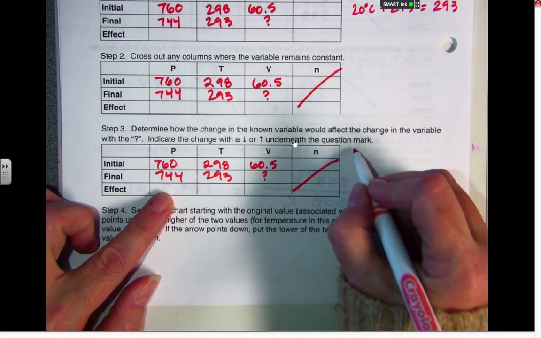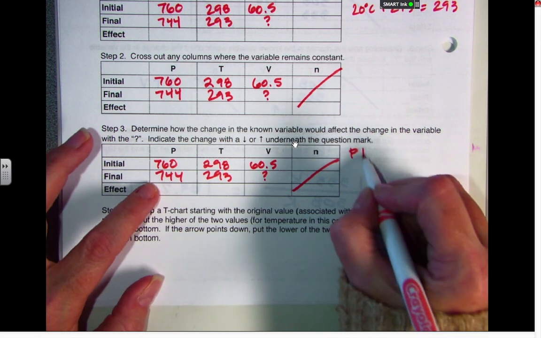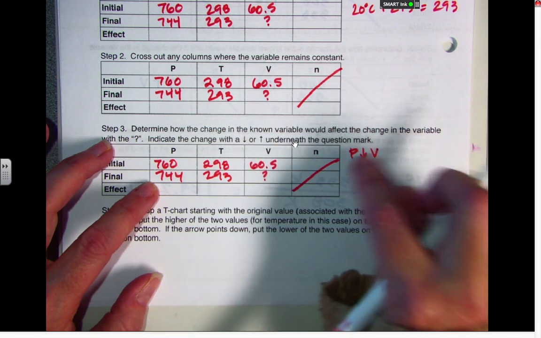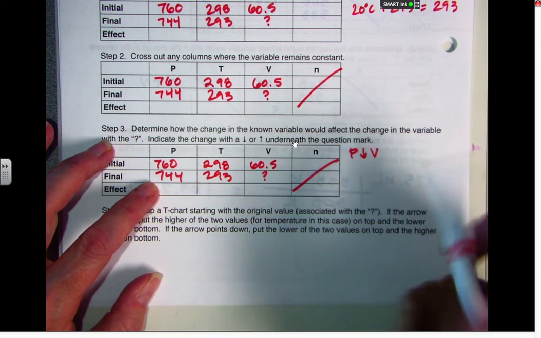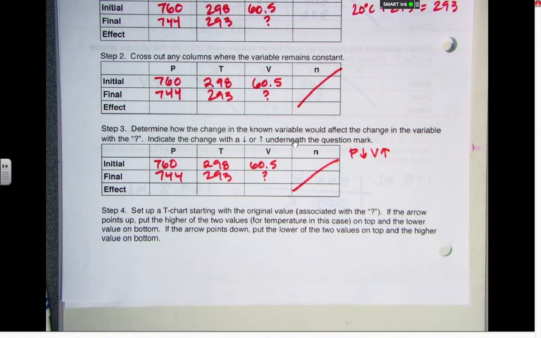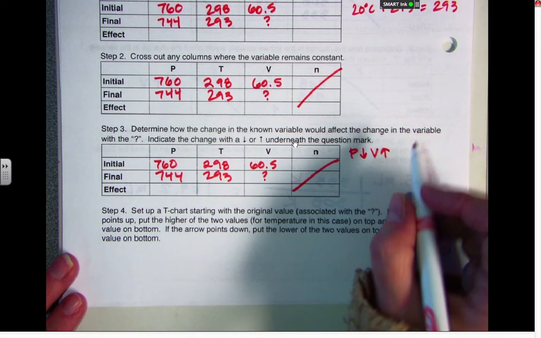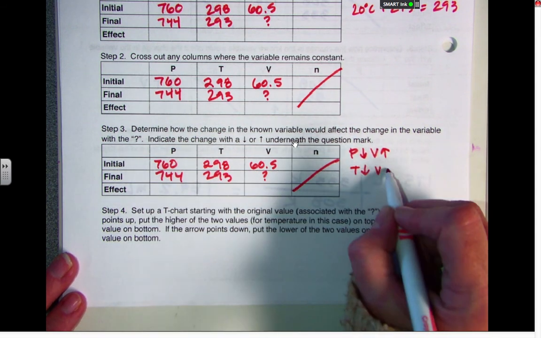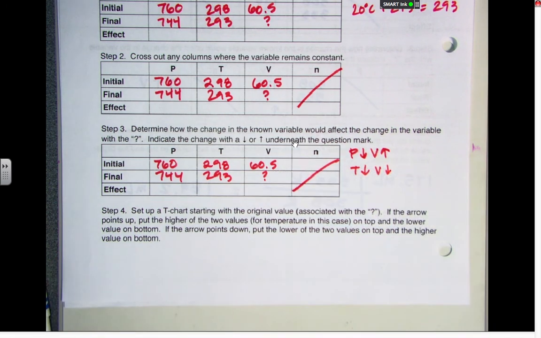So our pressure went down. So our relationship between pressure and volume is that they're inverse. So we want a volume to go up. In relationship to temperature and volume, our temperature went down, so our volume should go down in that relationship.